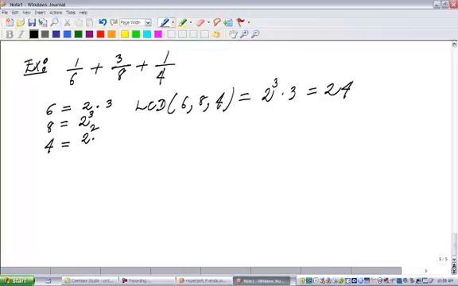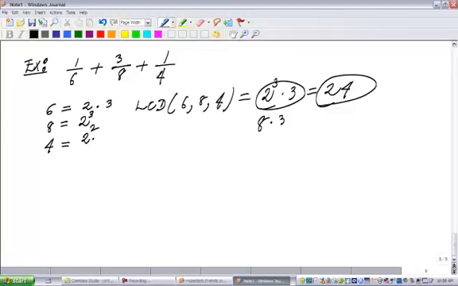Are you talking about this? Yes. This thing is 8 times 3, right? 2 cubed is 8, multiplied with 3. So that's 8 times 3, which is 24.